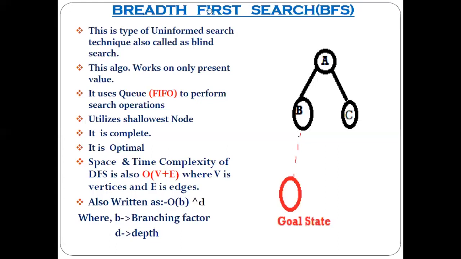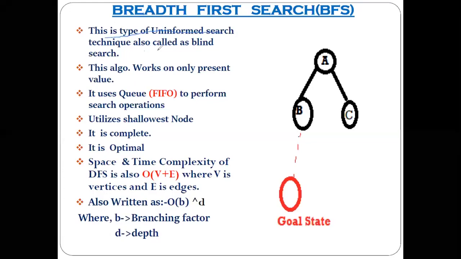This is also a kind of uninformed search technique, also referred to as blind search. We don't have any specific domain information in uninformed search, only some initial information.